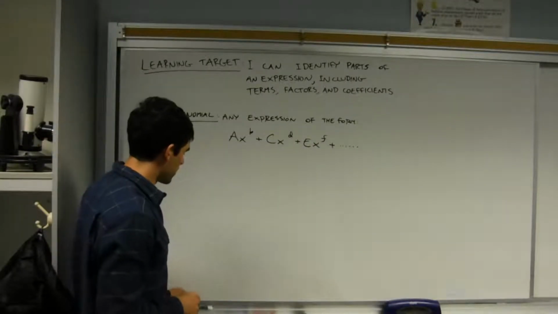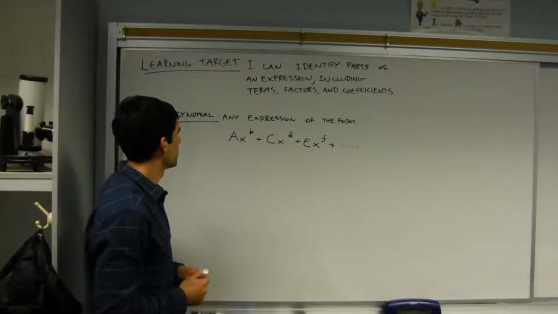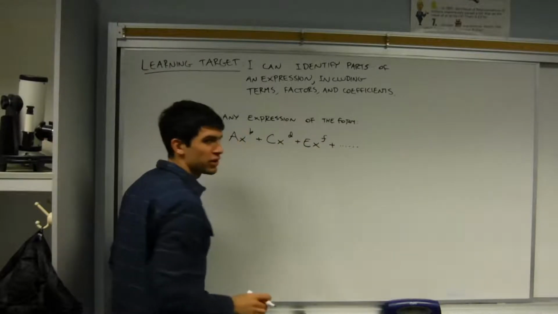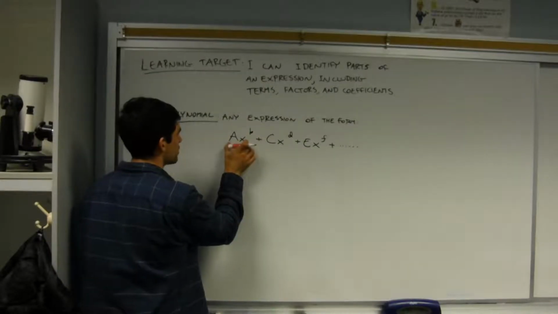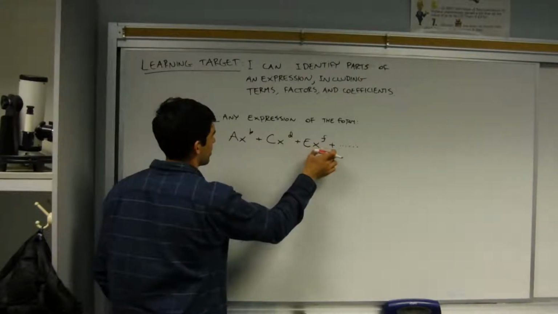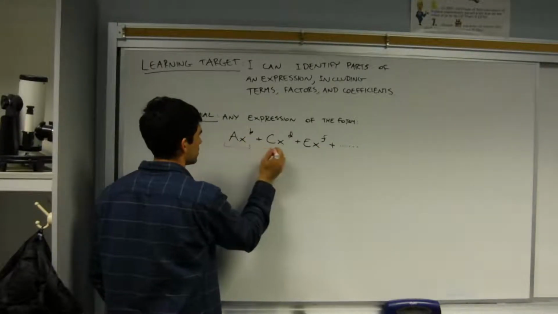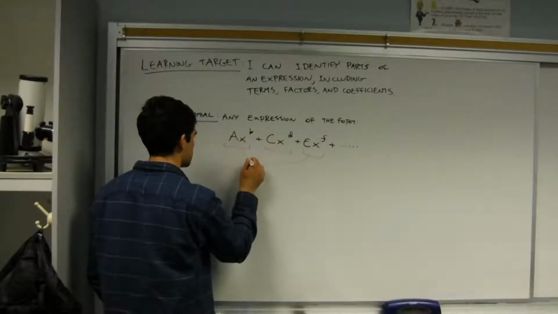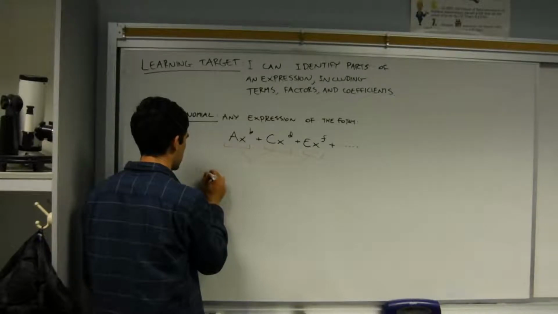Our first vocabulary word is term. The terms of a polynomial expression are each of these, for lack of a better word, things that we add together. These are all what we call terms.